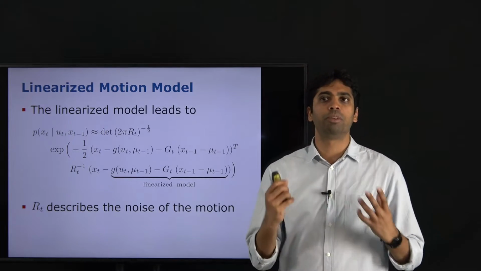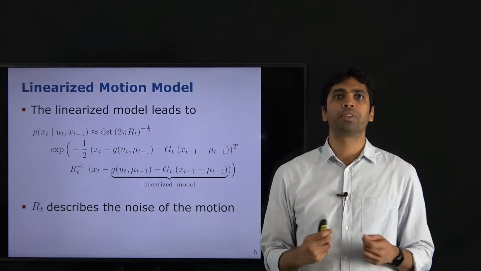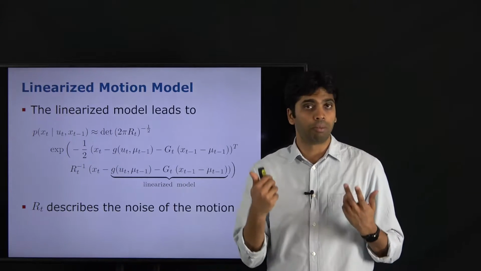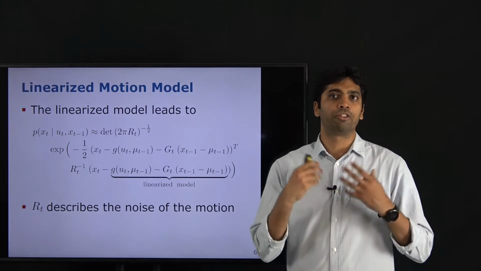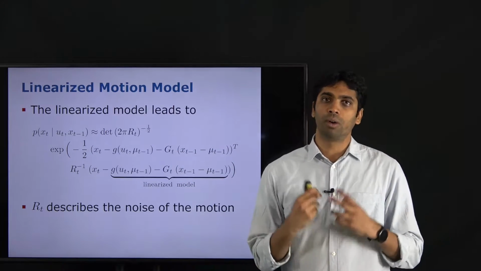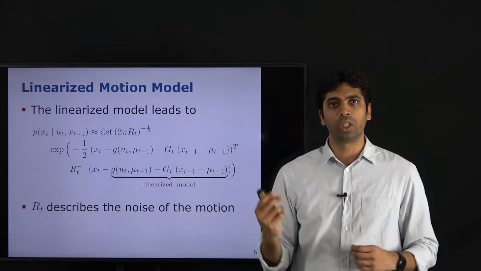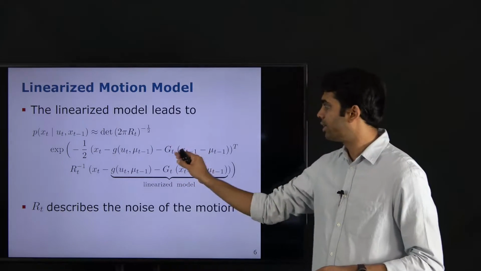In a mobile robot, your state variables would be your pose, so x, y, and theta, and this is then the first derivative of g with respect to all your state variables, what we also call the Jacobian.